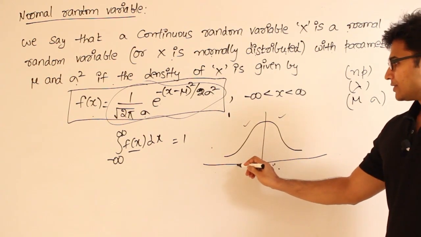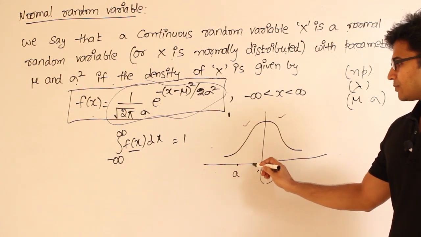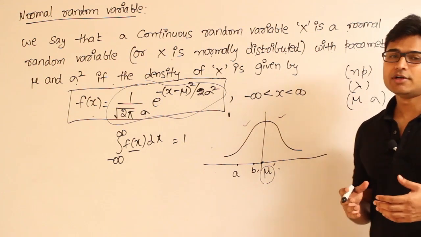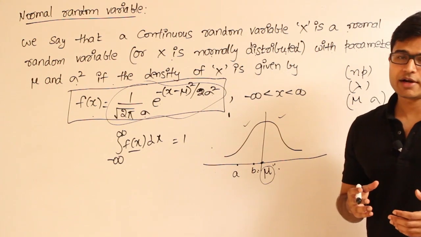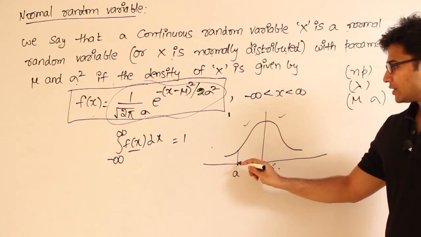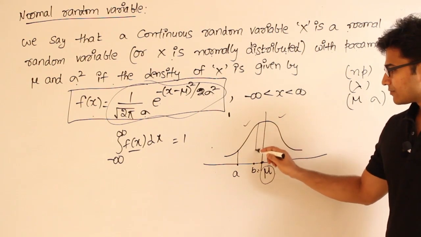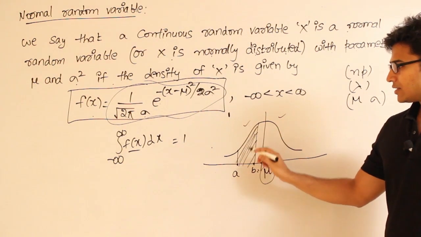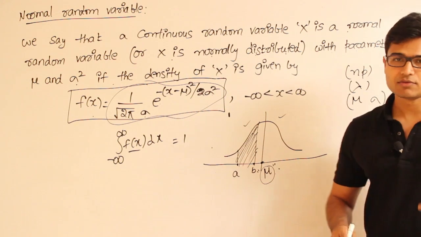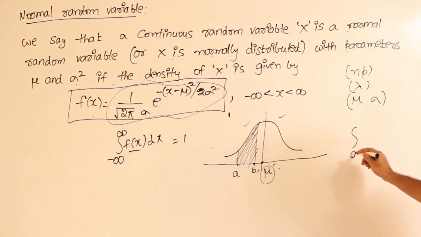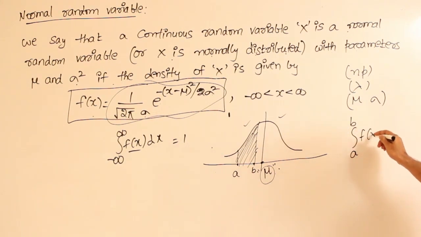Let us say this is a point A and this is a point B. Now if they are asking what is the probability that this normal random variable will take a value between A and B, that you can say, right? How can you say it? It is nothing but the area under the curve. So if you want to derive it, it is nothing but the integral from a to b of f of x dx, right?